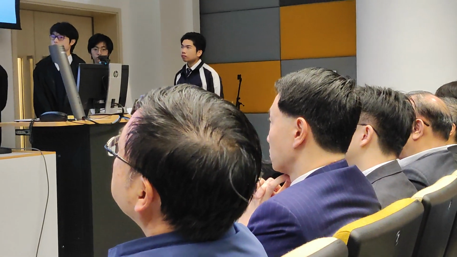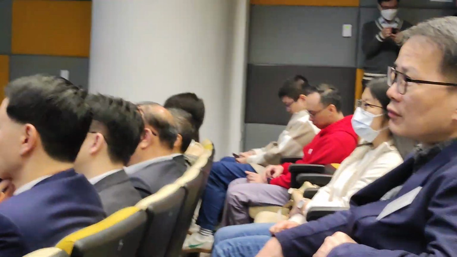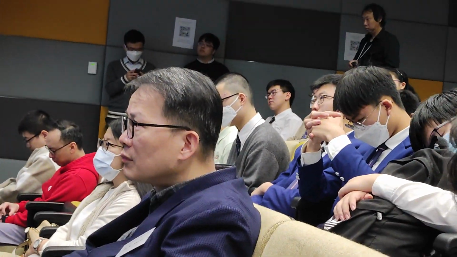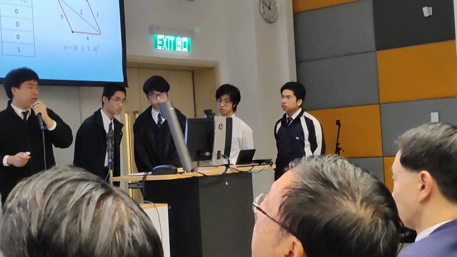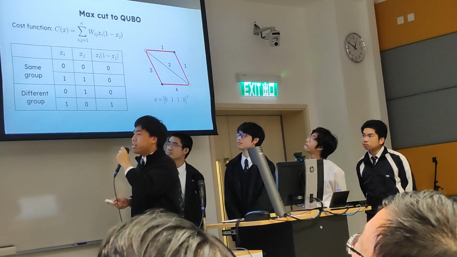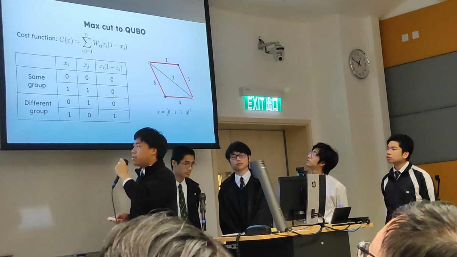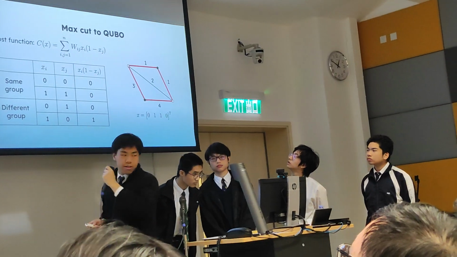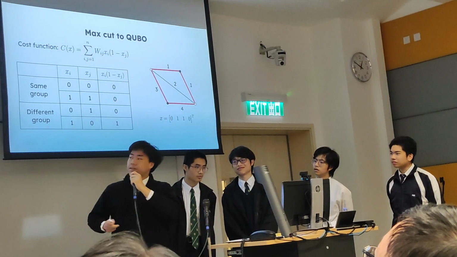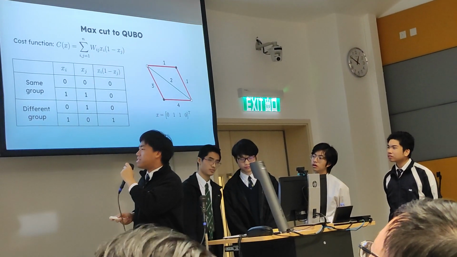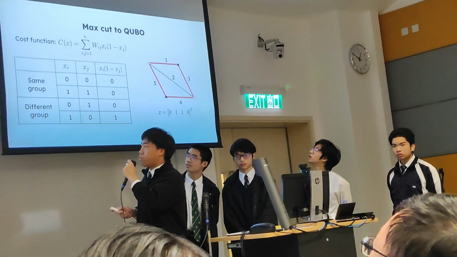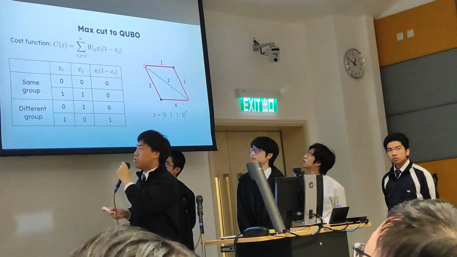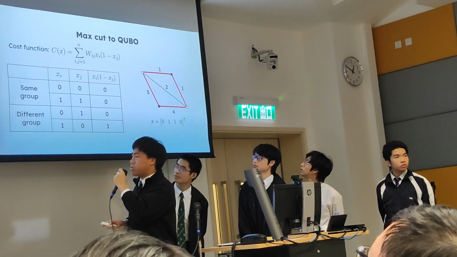And then we can construct a cost function, which is the sum of all edges cut. And I will explain this expression in the next slide. And as you can see, only the vertices in different groups give a value of 1, so that the weight is counted because the weight is times 1, and everything else is 0.